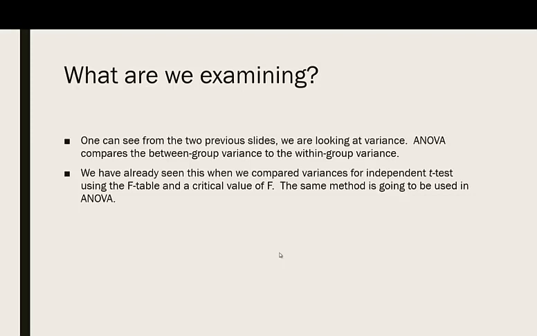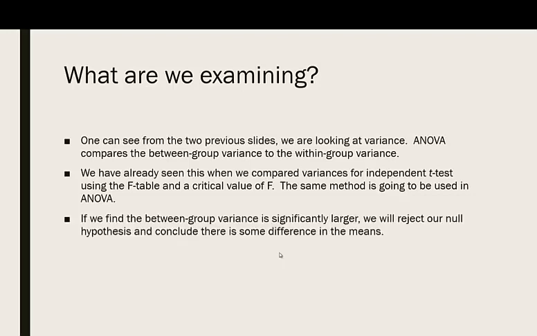So we found our F value, and then we compared that to our critical F. That's the same method we're going to use here in ANOVA. We're going to look at those two variances. If we find the between group variance is significantly larger, then we will reject our null hypothesis and conclude that there is some difference in the means.